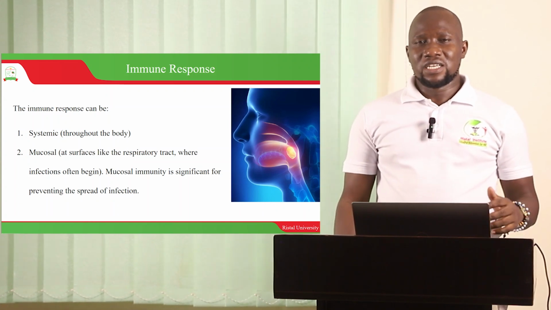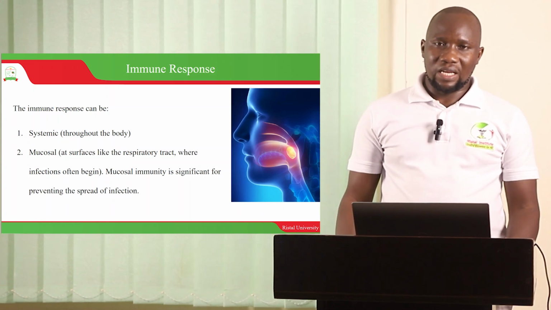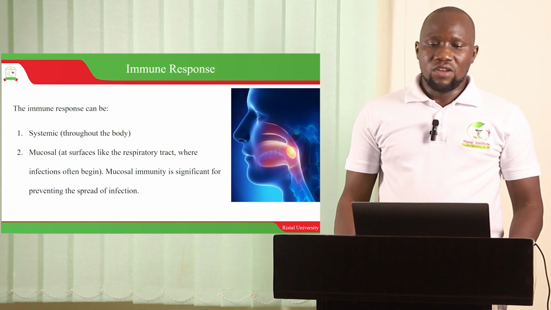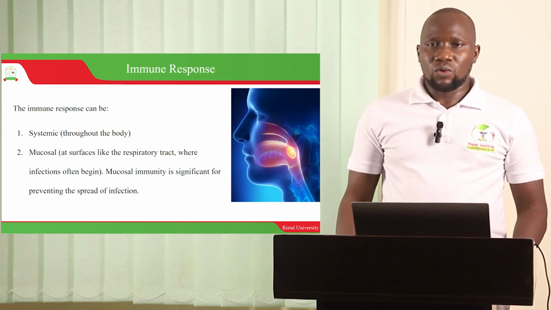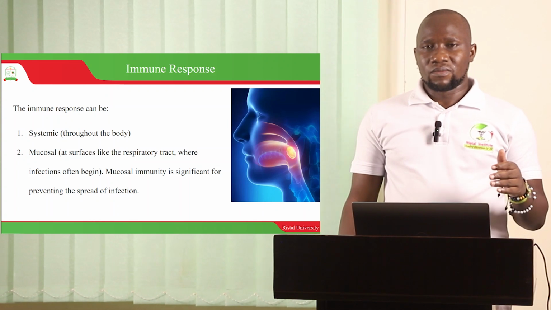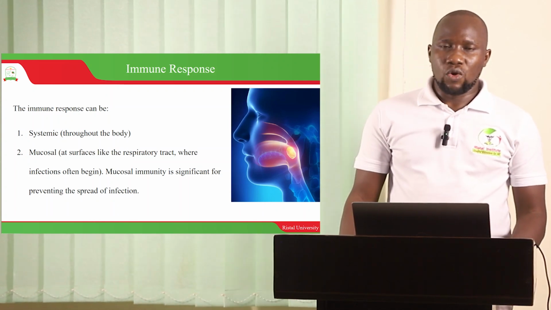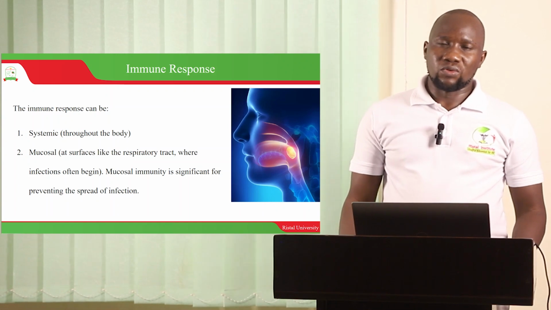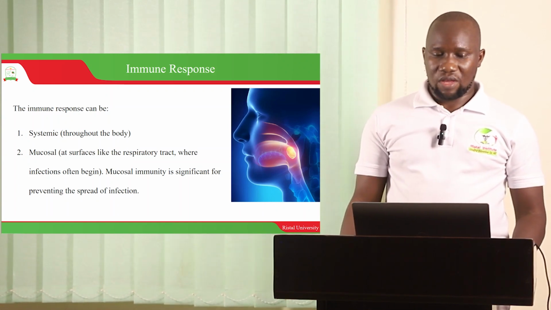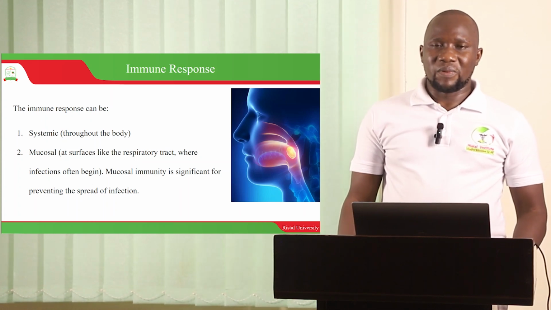That means the recruitment of all these cells of the immunity is going to happen in every part of the body, such that these pathogens can be neutralized. But we also have white blood cells that are stationed in particular locations to guard against any invading pathogens.